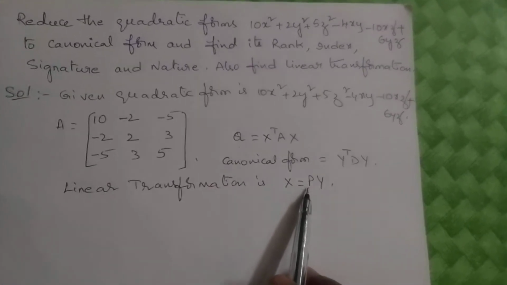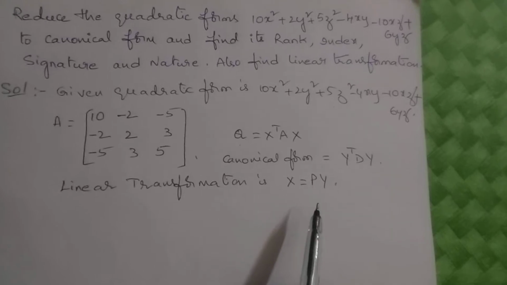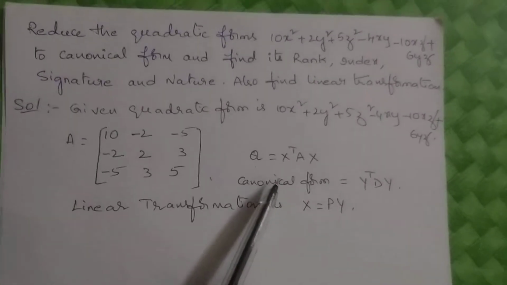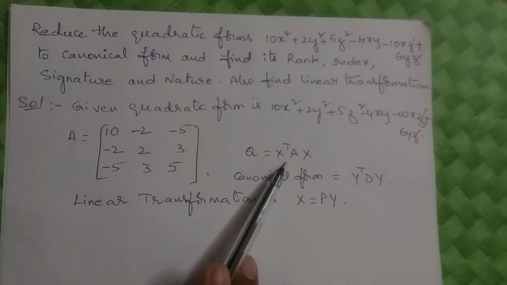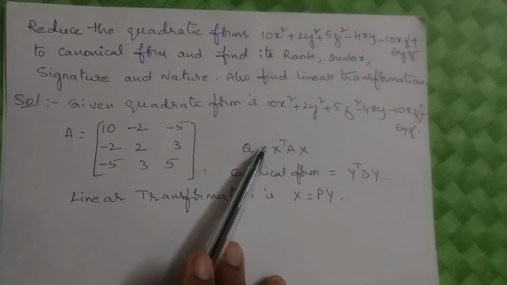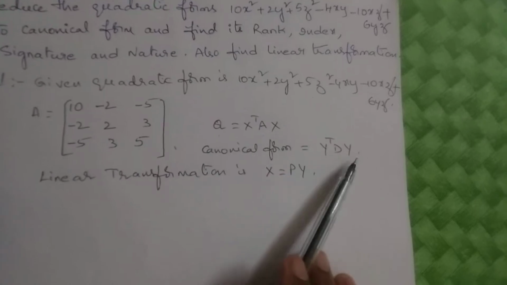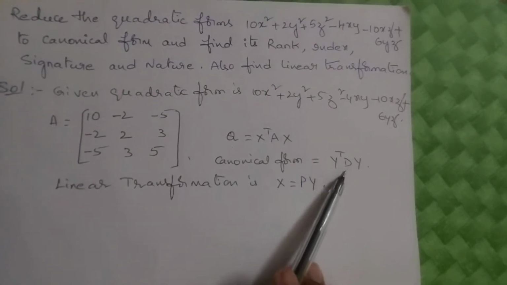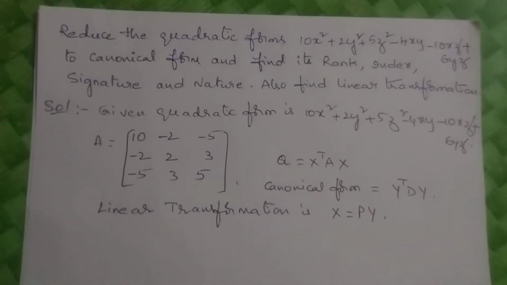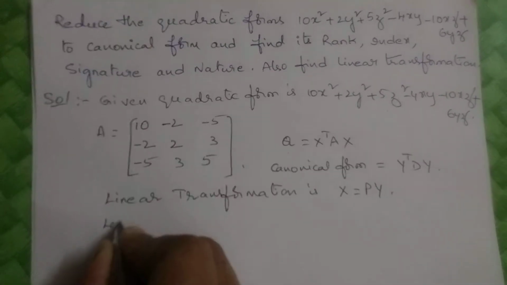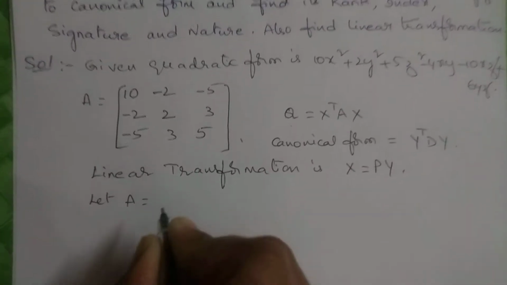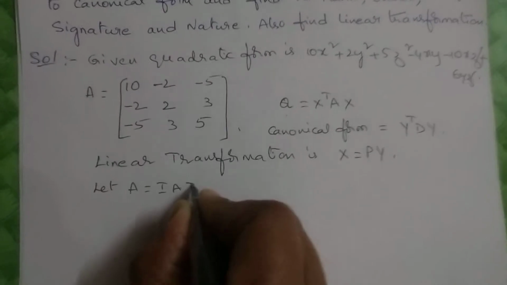That is known as P. I will explain everything. So Q is equal to the given quadratic form, and this is converted to canonical form, which is y transpose into D into y, by using the diagonal matrix. Now we will assume A is equal to I into A into I.